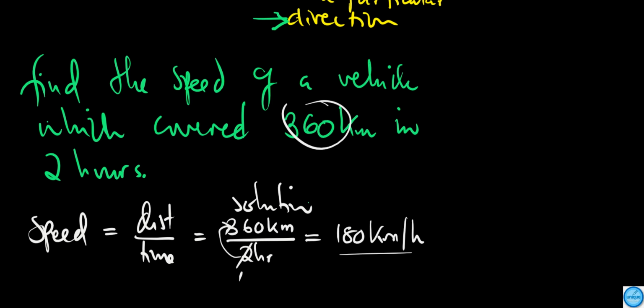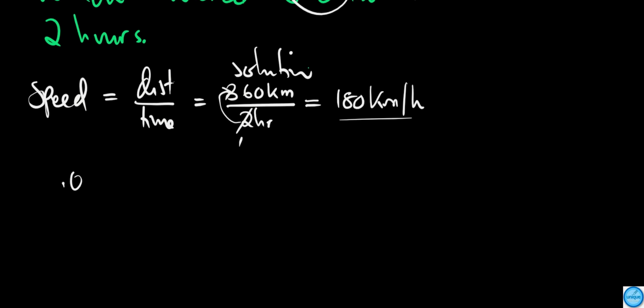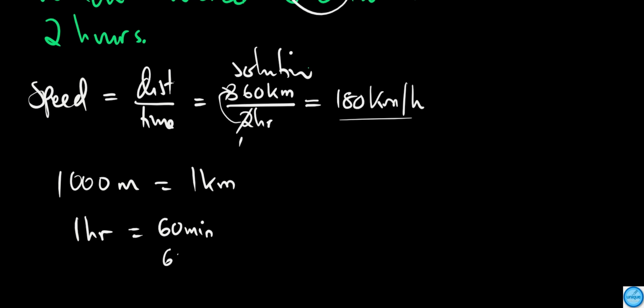And we should find the speed in meters per second. What we need to know first is that 1000 meters is equal to 1 kilometer, and 1 hour is equal to 60 minutes, and in 1 minute we have 60 seconds.